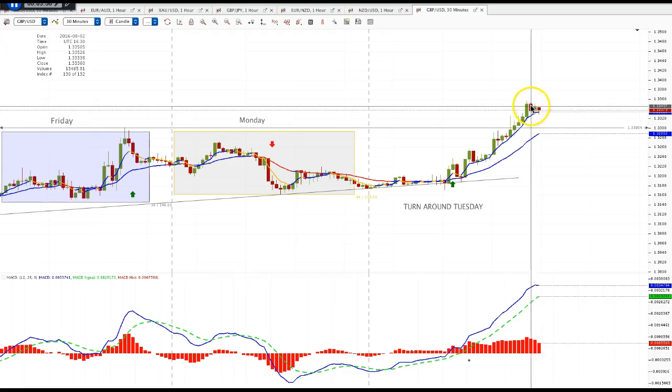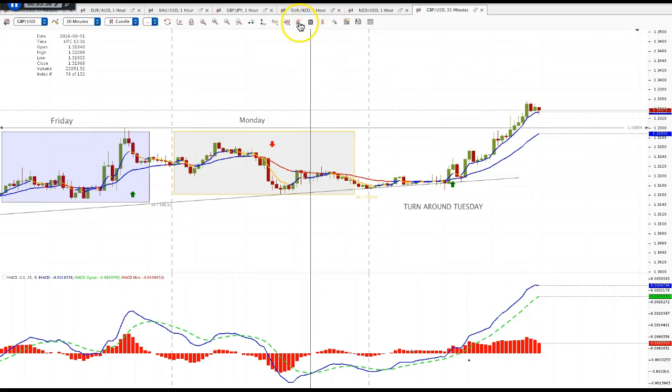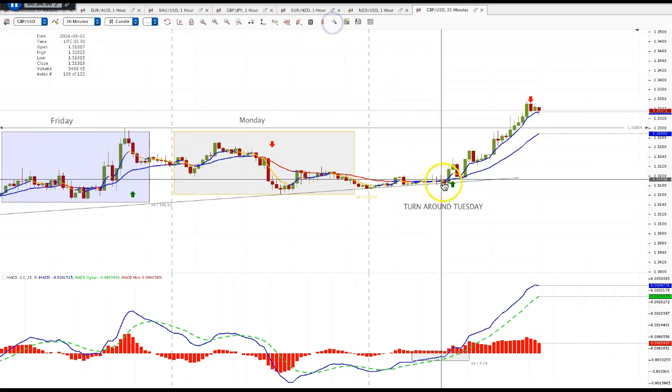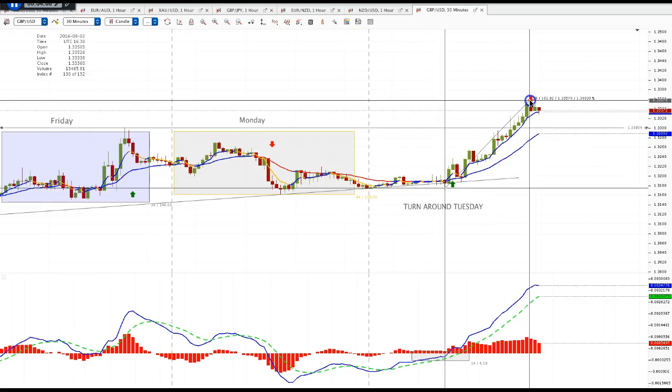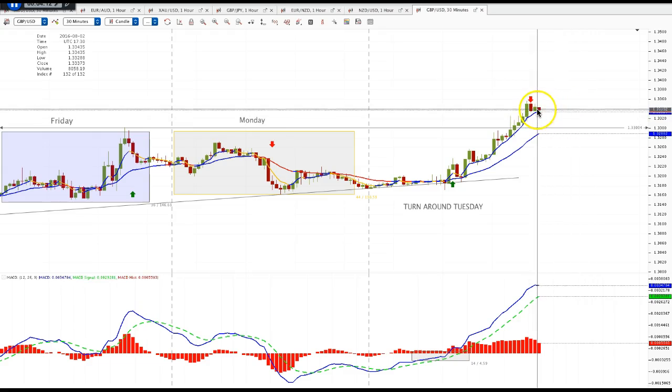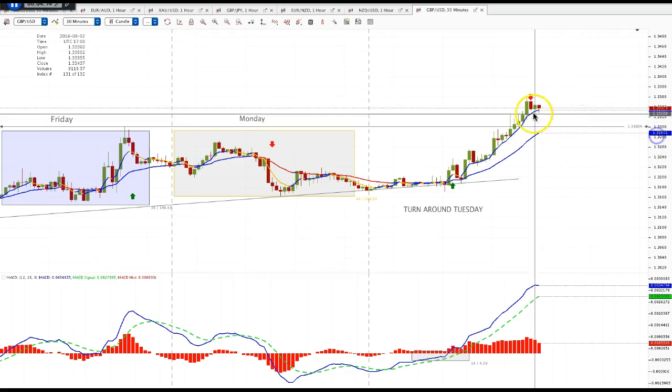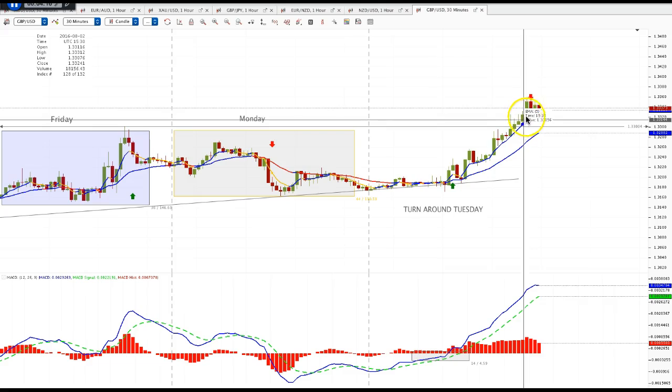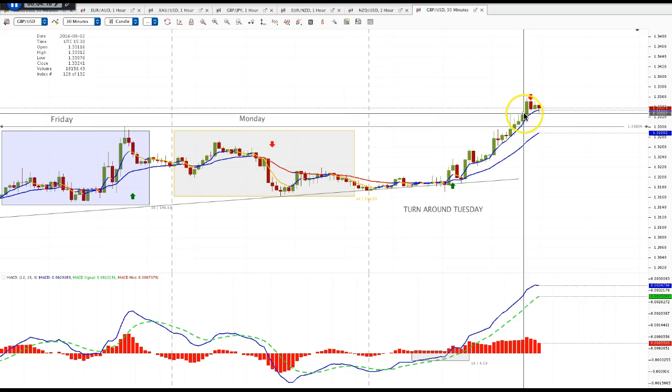But now we have an inside bar, which is technically a reversal candle, and the market's already put in 182 pips. So the pound dollar has done its daily range. So I would probably exit out of this trade, and I took this trade and exited up at these levels around 11 o'clock Eastern.